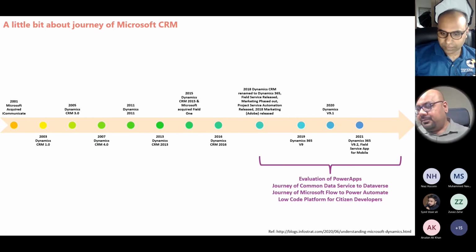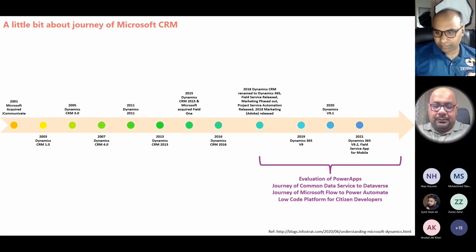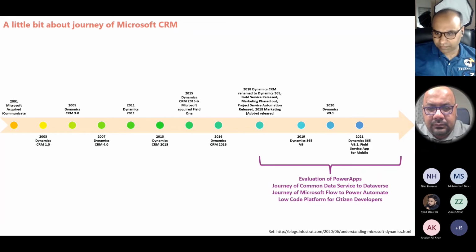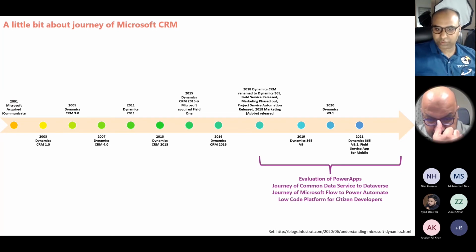One thing for the online version: on-premise, of course, you have access to the database. So as an answer, this is on the Dataverse platform. Dataverse backend is definitely SQL Server, but that doesn't mean you can communicate directly with the database. The database on the online or cloud version is hidden from the users, developers, or the client.